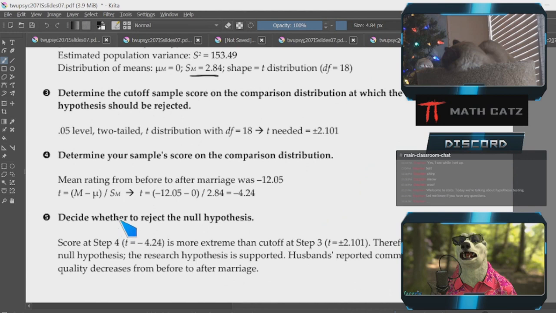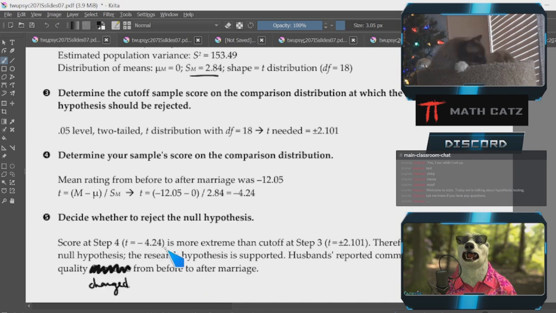The score, negative 4.24, is more extreme than the cutoff. Therefore, we reject the null hypothesis. The research hypothesis is supported. The husband's reported communication quality, I don't want to say decreased. All we are testing is for a change. So let's say changed.